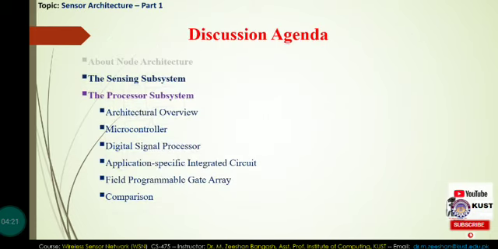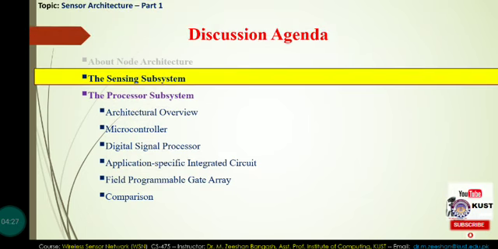About the sensing subsystem. The sensing subsystem basically integrates one or more physical sensors, and it provides one or more converters, that is analog to digital converters, as well as some multiplexing mechanisms in order to share them.